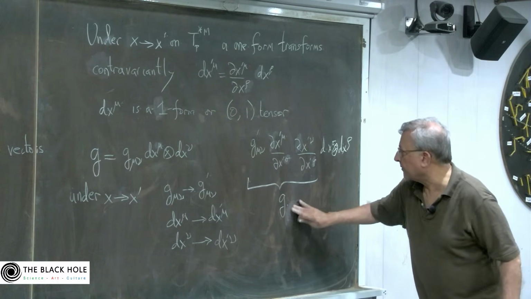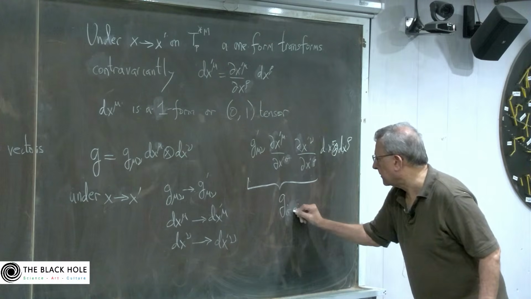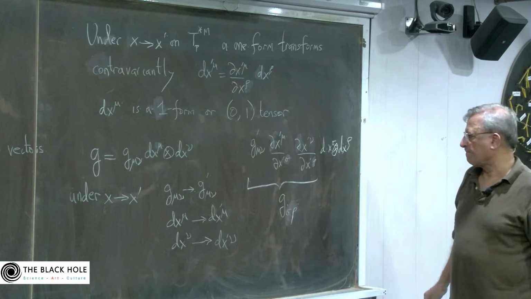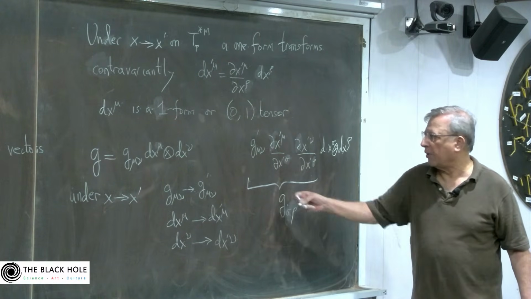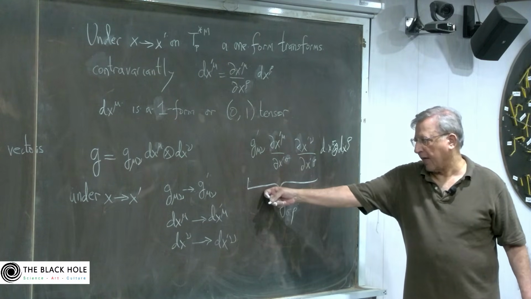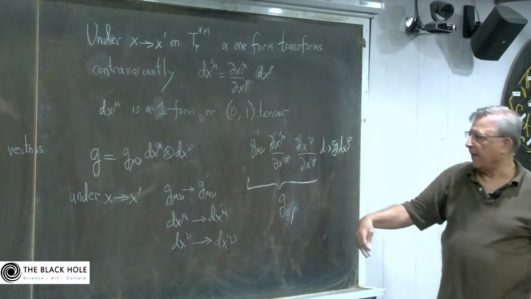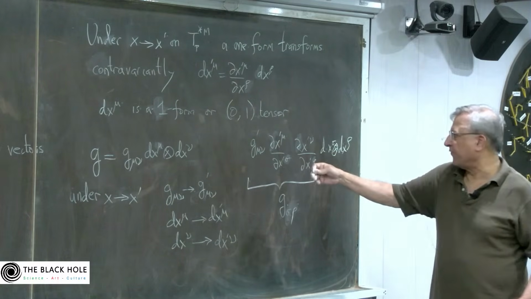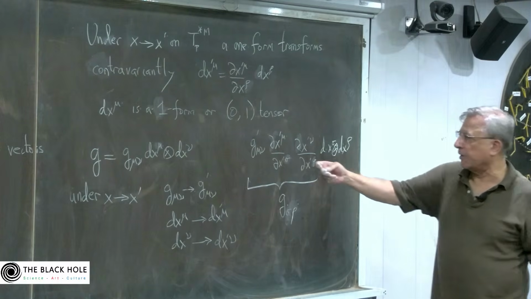Sigma. G sigma rho transforms as this. So G goes to G prime, and G prime transforms in this way so that we get back the original thing over here.